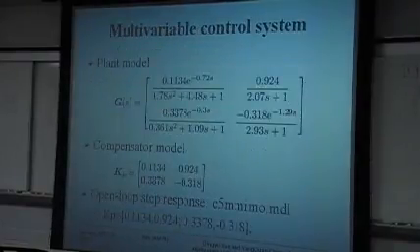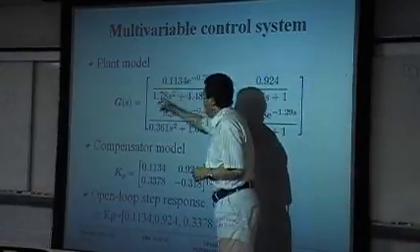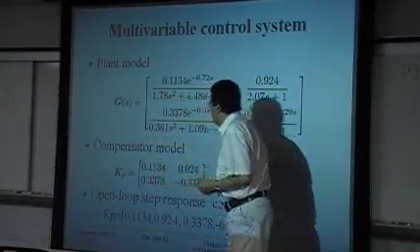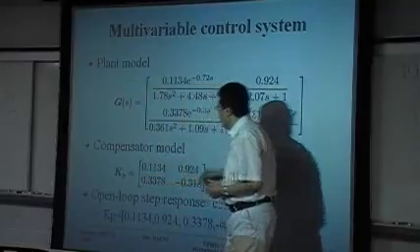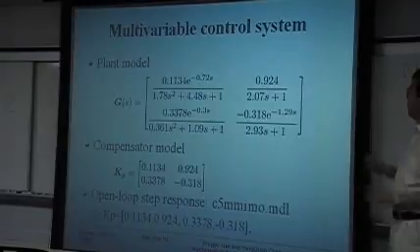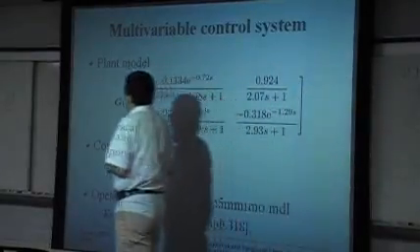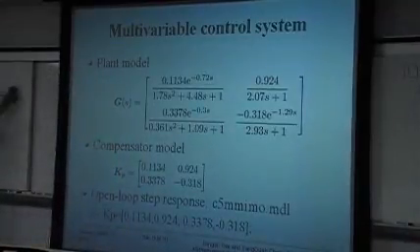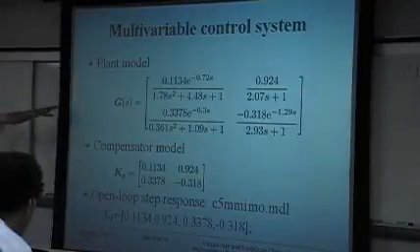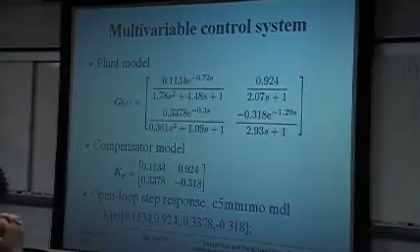Now let's consider multivariable control systems like this. Suppose the plant model is given like this, and there is a pre-compensator, a matrix like this. How can we solve this kind of problem? Open loop step response, how can we solve that? For linear systems, we know that in Matlab we can describe the plant model with an LTI block, which is a linear time invariant block.